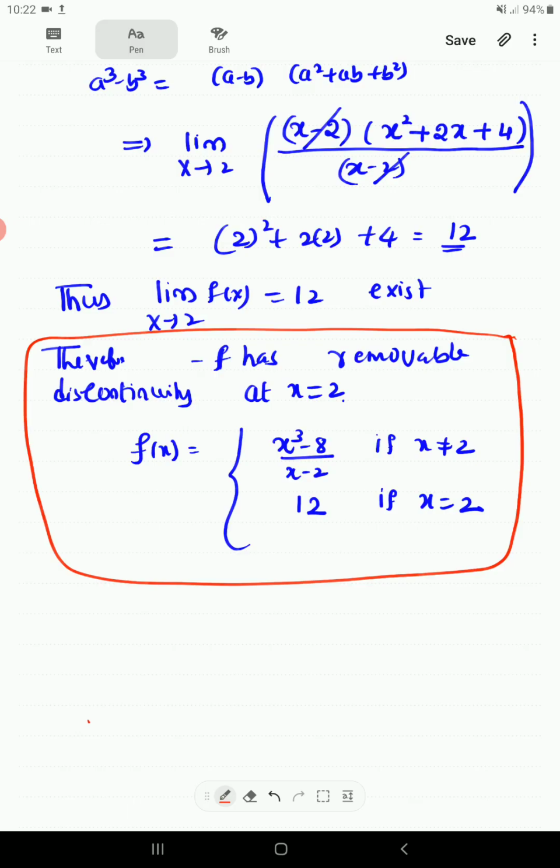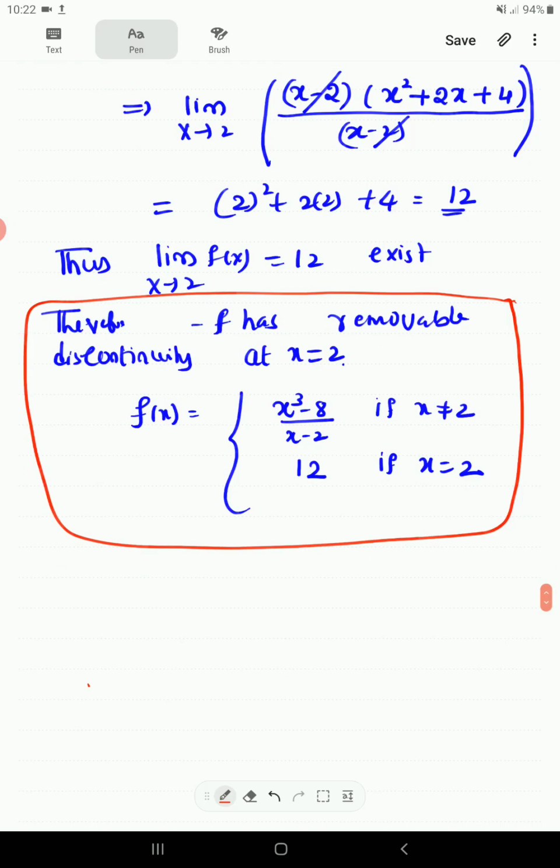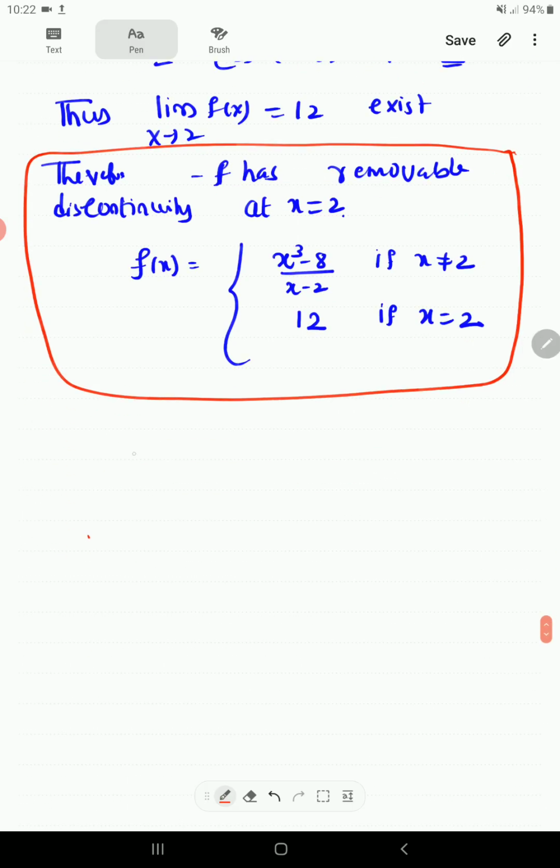I think we are good with the types of discontinuity we have discussed, and the few examples we have quoted here. Now let me give you one example for you all to check whether the given function is continuous or discontinuous, and you can answer me in the comments.